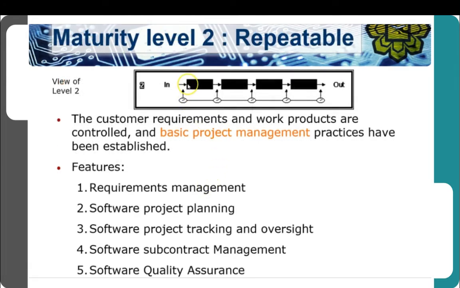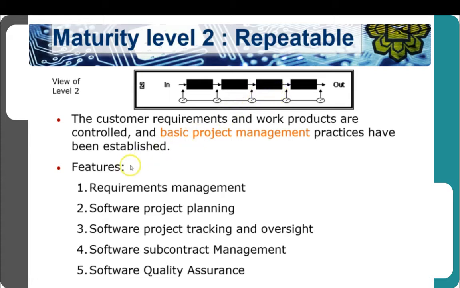In the next maturity level 2, what we can visualize now is kind of boxes that can represent processes. That means that the basic processes have now been established and they are able to be controlled and can be repeated in different projects.